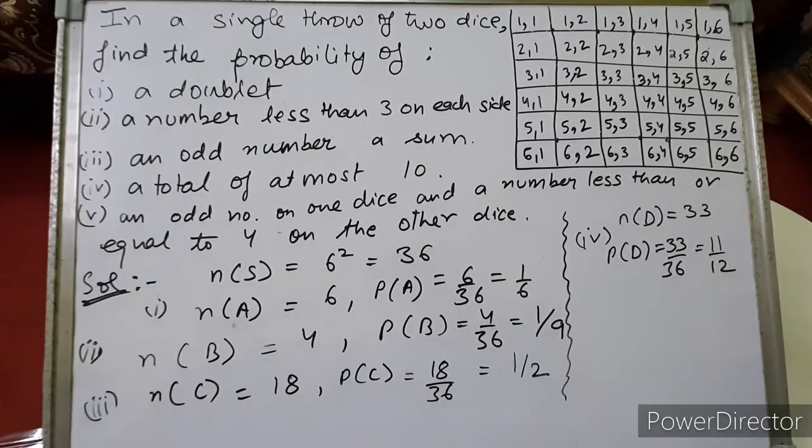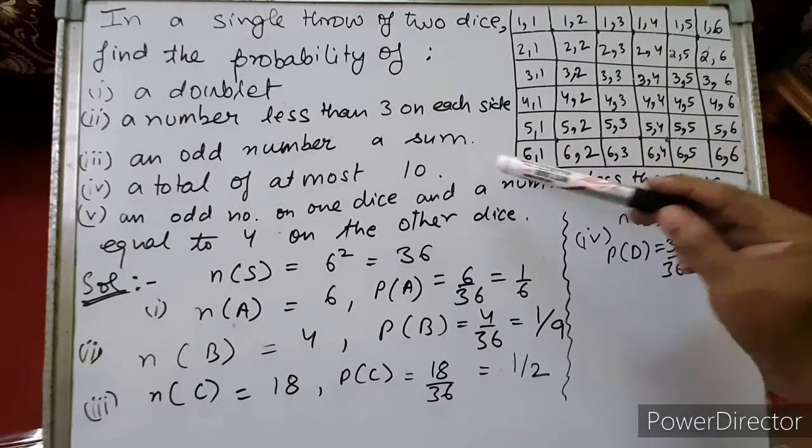If you see where the total of 10 is coming, in this diagonal: 6 4, 5 5, 4 6. In this diagonal the total of 10 is coming. Above this diagonal you'll find the total less than 10, and below this you'll find the diagonals with total greater than 10. Here you'll get 11 as the total in these two events, here you'll get 12 as the total. So the at most 10 are these events.